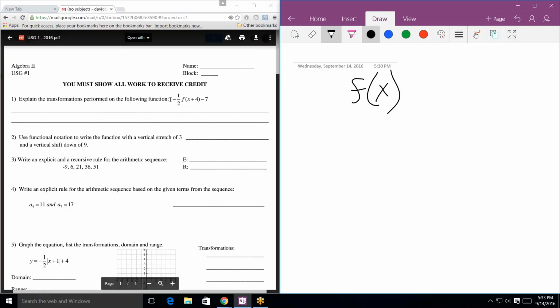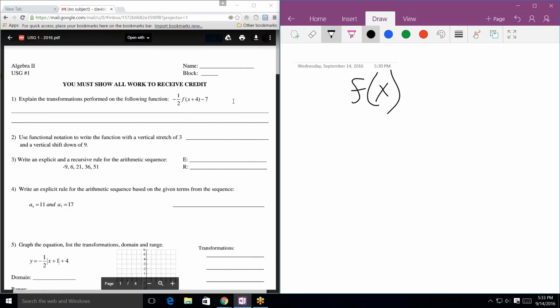There are 1, 2, 3, 4 things taking place. What are they? Is it a vertical shift down 7? That's one. Yes? And then it'd be a horizontal shift to the left 4, because don't you do the opposite of what's in the parentheses? Good.